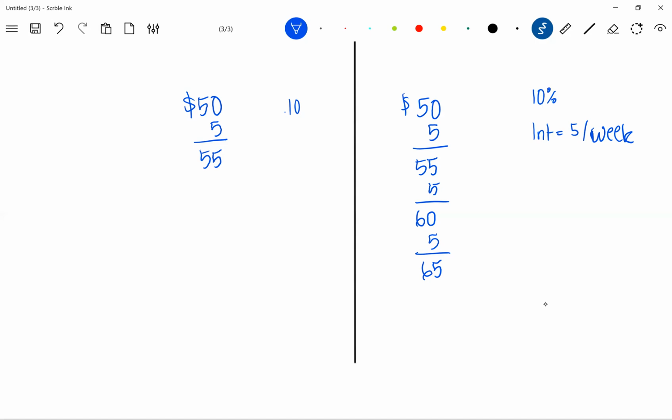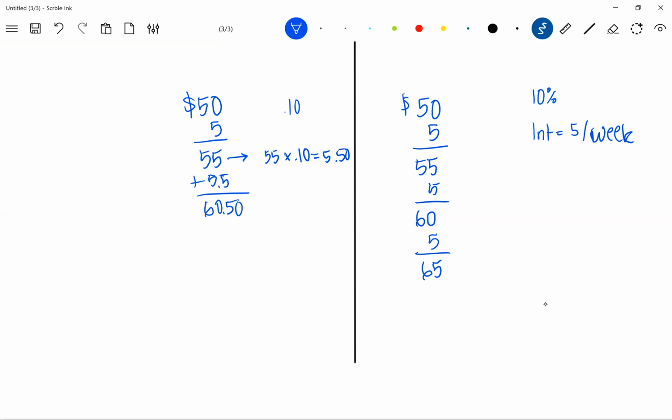So instead of it just adding $5 each time, it's going to recalculate the interest on $55. 55 times 0.10 is $5.50. So instead of me owing her $60, I'm going to owe her $60.50, a little bit more.